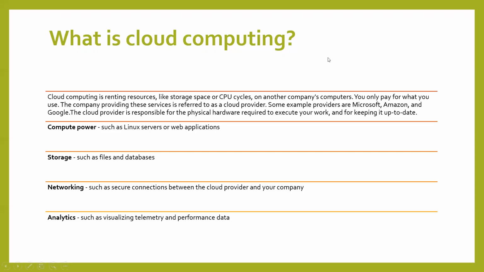Here, compute power means such things as Linux servers, Windows servers, or web applications. Storage means such things as files and databases. And networking means, for example, a secure connection between the cloud provider and your company. What is this networking? When you host your web applications and databases in the cloud, you have to access them from the cloud to your on-premises or your company.